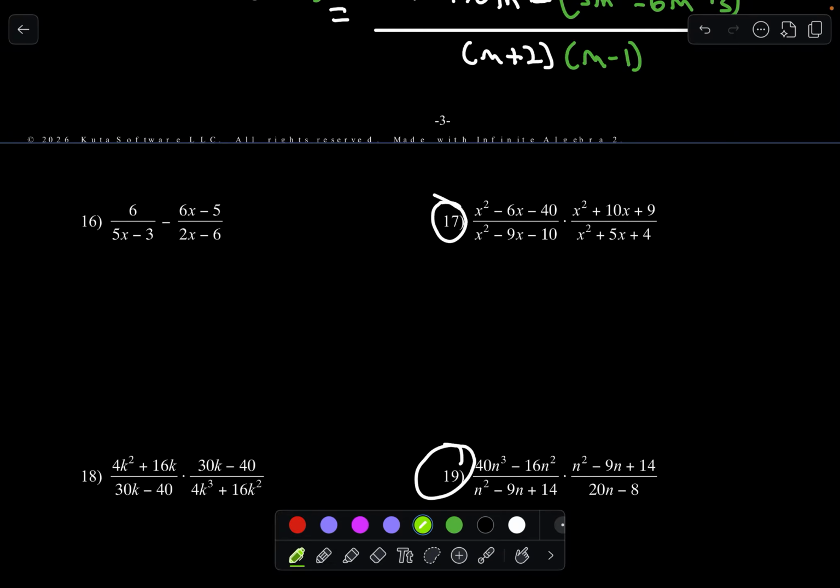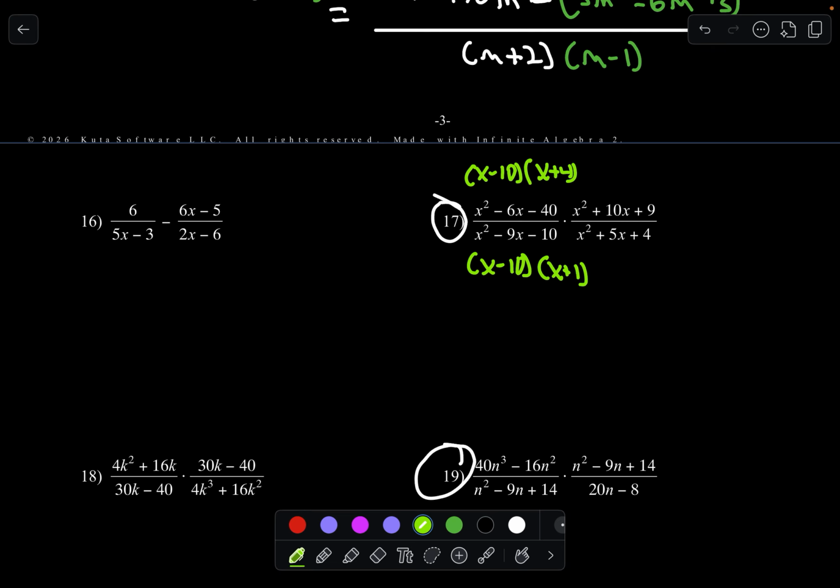So looking at the top here, multiplies to negative 40, adds up to negative 6. Was that negative 4? Oh, negative 10 and 4. On the bottom, that multiplies to negative 10, adds up to negative 9, that would be negative 10 and positive 1.